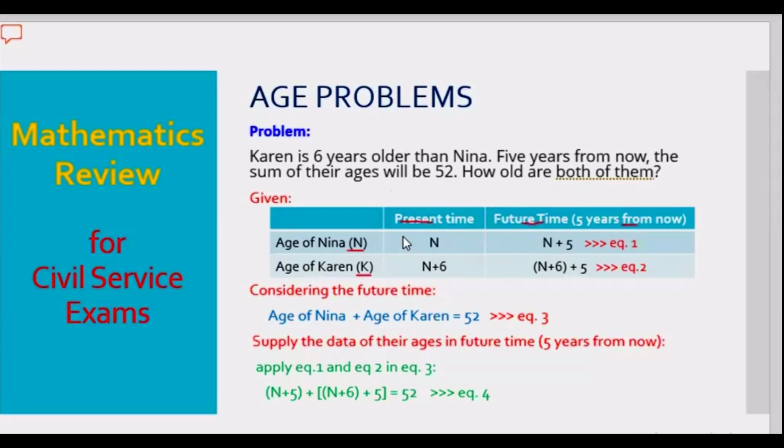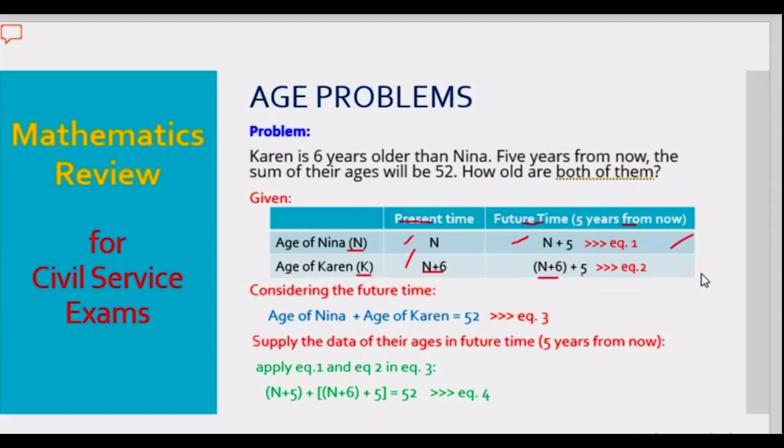Okay. So at present time, the age of Nina is N, and the age of Karen, who is 6 years older, is N plus 6. So in the future, 5 years from now, the age of Nina is written as N plus 5. So this is now our equation number 1. And the age of Karen 5 years from now is N plus 6, which is her present age, plus 5, which is 5 years from now.